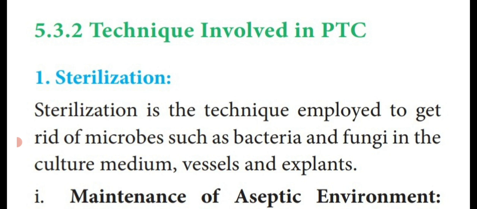First one, sterilization. The simple explanation of sterilization is to get rid of microorganisms such as virus, fungi and bacteria from the explant, culture vessel, culture tube, culture medium. That is known as sterilization. Not only that, all the equipment which you are using for the plant tissue culture method should be sterilized.